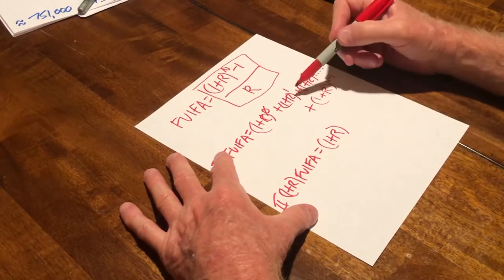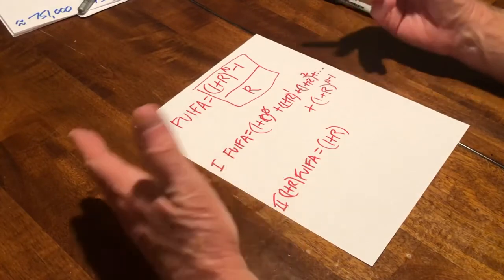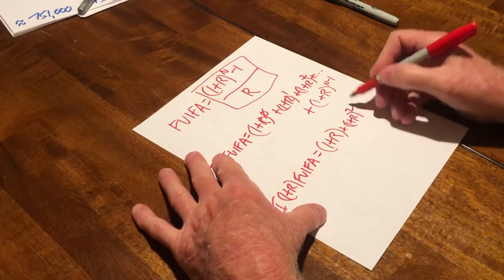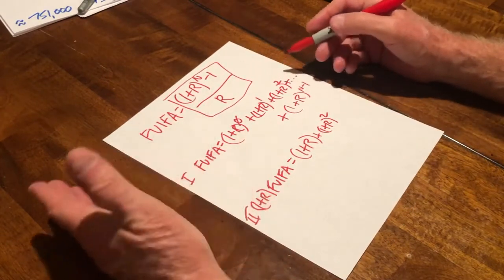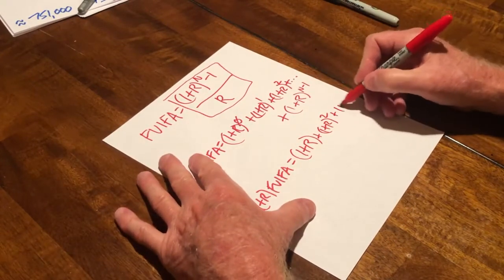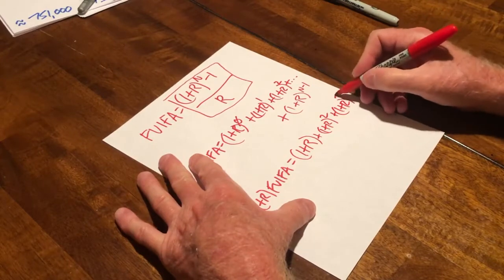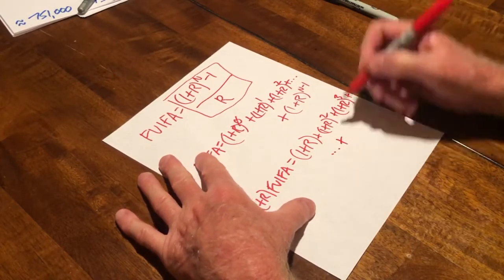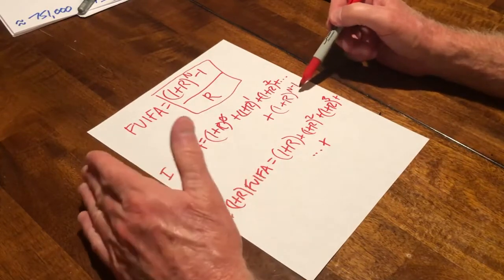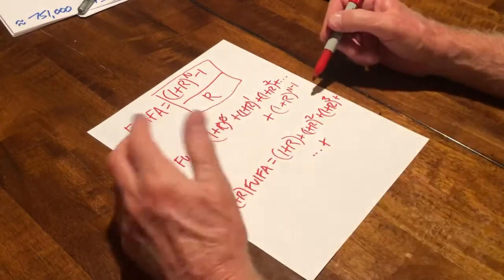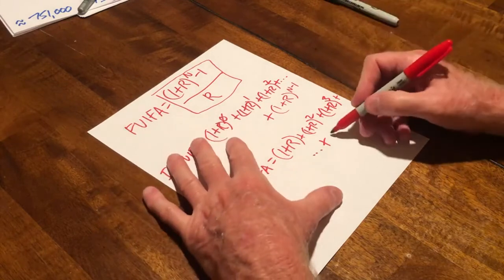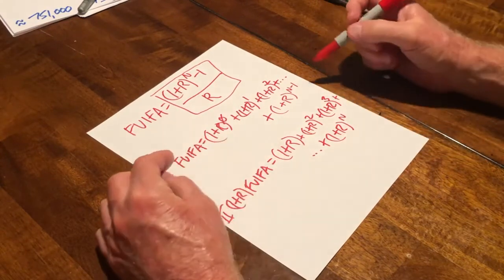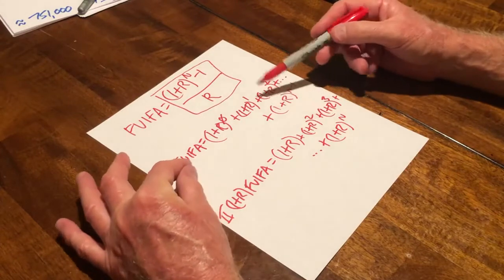And this term, 1 plus r to the first power, multiplied by 1 plus r, will be 1 plus r squared. And this term, 1 plus r squared, multiplied by 1 plus r, would be 1 plus r cubed. Plus, dot, dot, dot, plus, and then here we have our final term, 1 plus r to the n minus 1 power. Multiply that by 1 plus r, I'm going to get 1 plus r to the n power. Okay? So a very smart person a long time ago figured this was the first step.